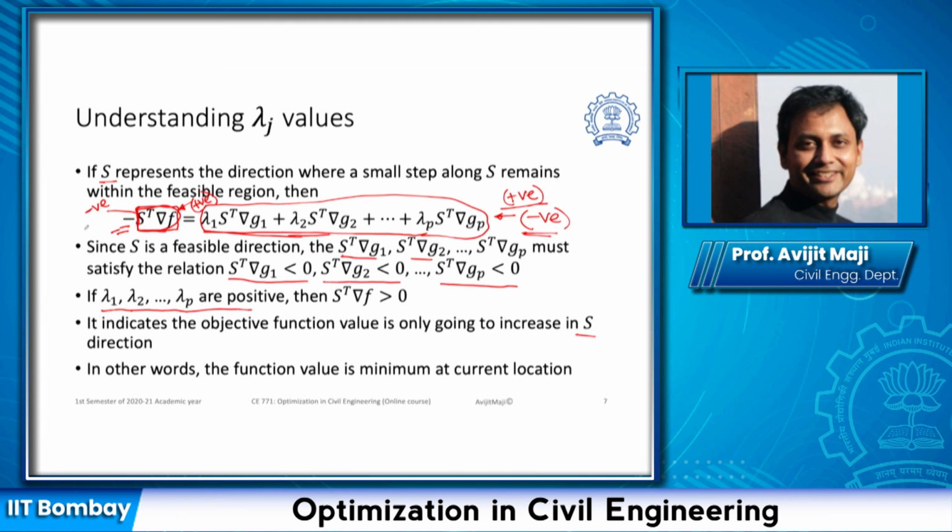These two together are going to make it positive. So in that situation, it indicates that if we try to move along that feasible direction, my function value is going to decrease.